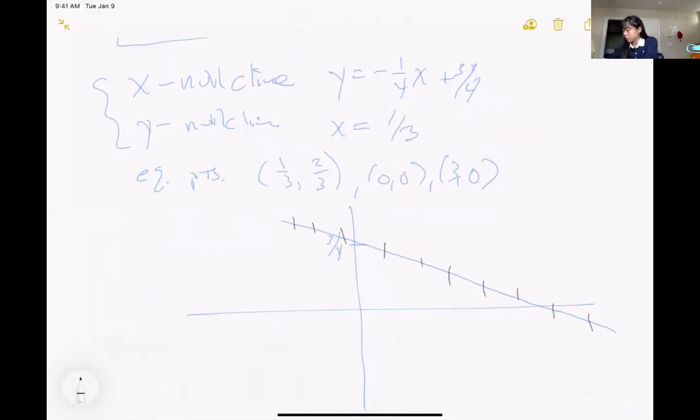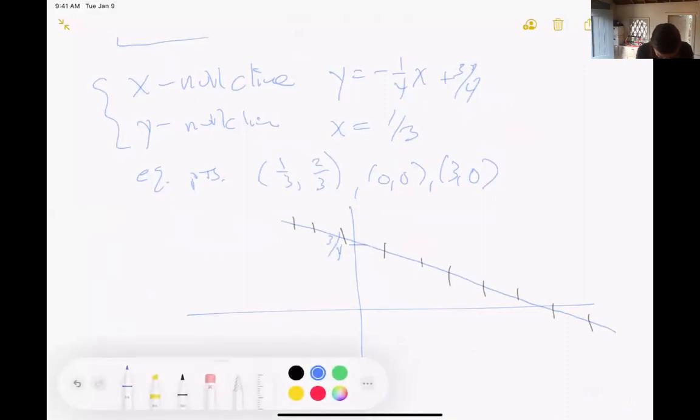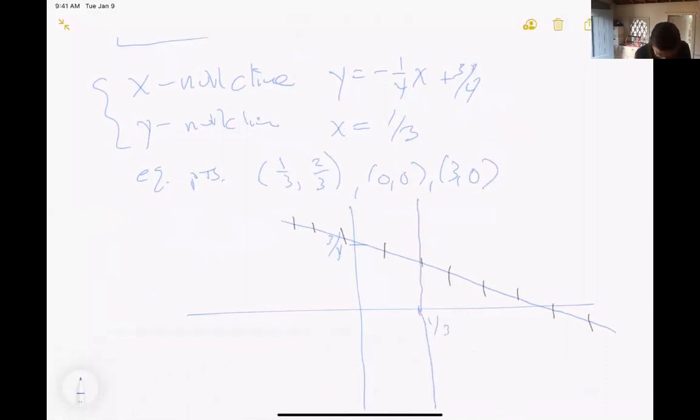And then we've got a y nullcline of x equals 1/3. So x equals 1/3 is over here somewhere, and that's a vertical line. All along there, the vectors are horizontal because their dy/dt components are 0. And that tells us where those intersect.